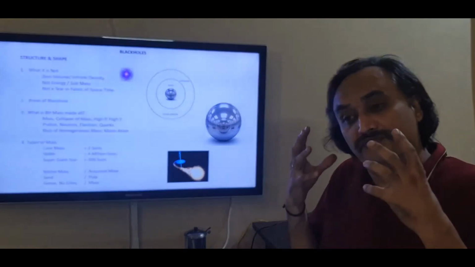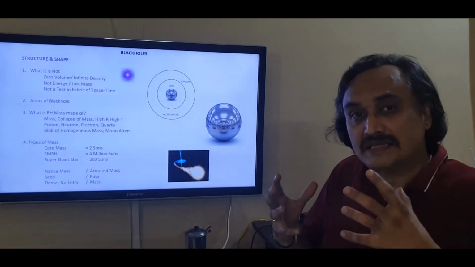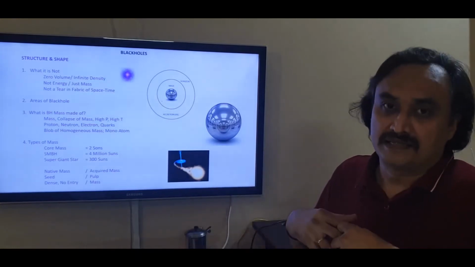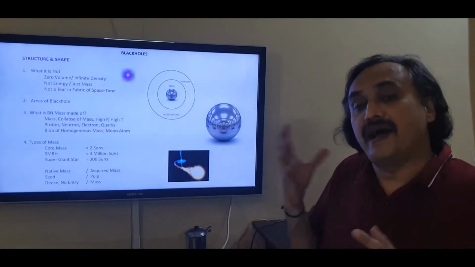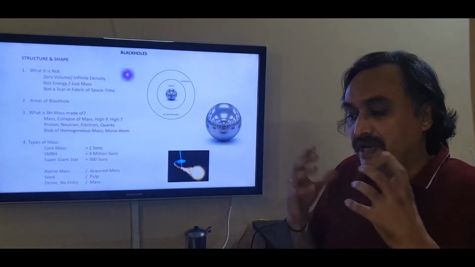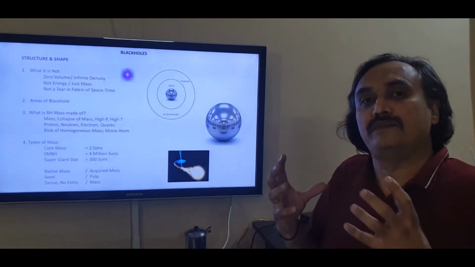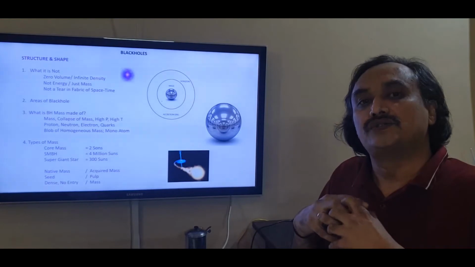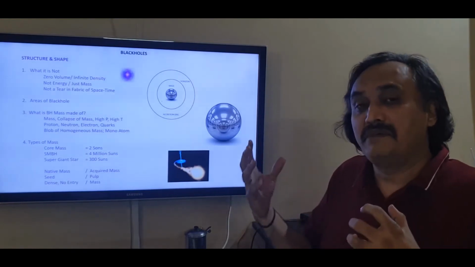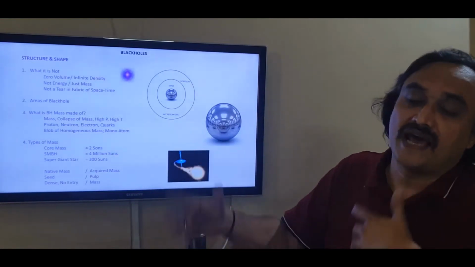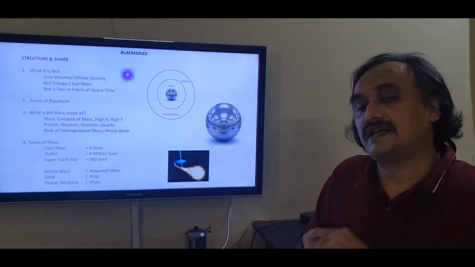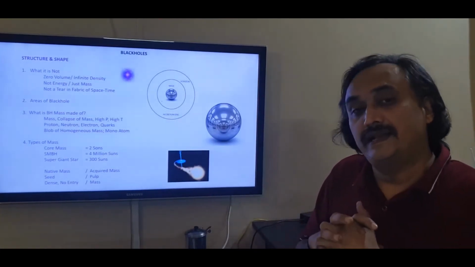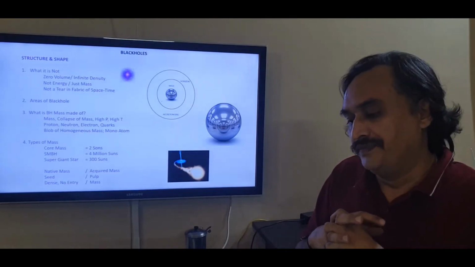So you can imagine where 300 suns is and where 4 million suns is. So quite a bit of a black hole's mass is acquired mass. So we differentiate it as native mass and acquired mass. Native mass is the one which is the monoatom, solidly packed, whereas acquired mass is the one it has acquired through eating various stars, planets, and the gas material around it.